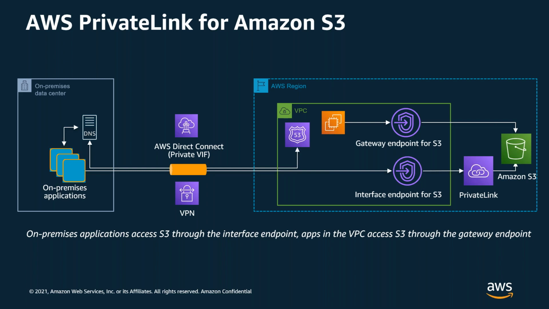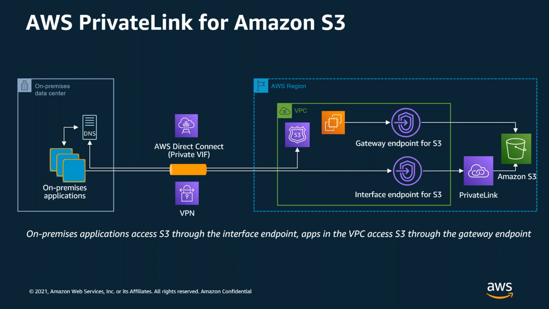Whereas what we started hearing from customers is that since Amazon S3 is a public service, they wanted another way to be able to access S3 without going over either the public internet or going through a public VIF on a Direct Connect, right? They wanted to have something in their VPC that they could route to, because a gateway endpoint is not RFC compliant for routing purposes, right? Outside of a VPC, it's an Amazon resource. It's not going to have an IP address associated with it.